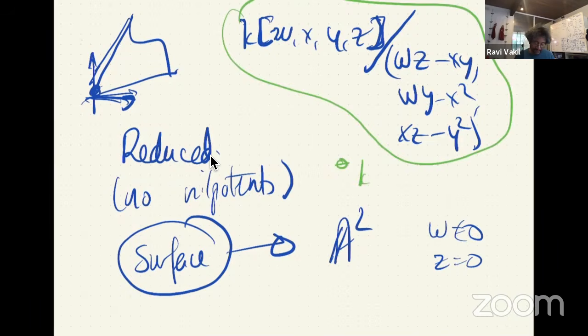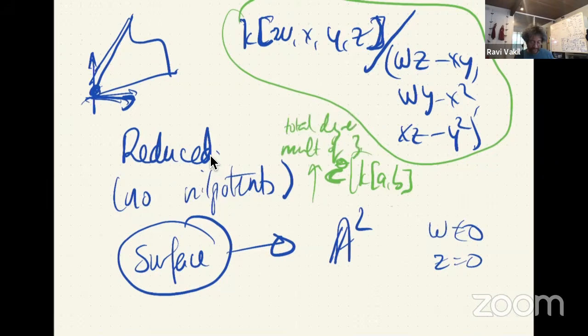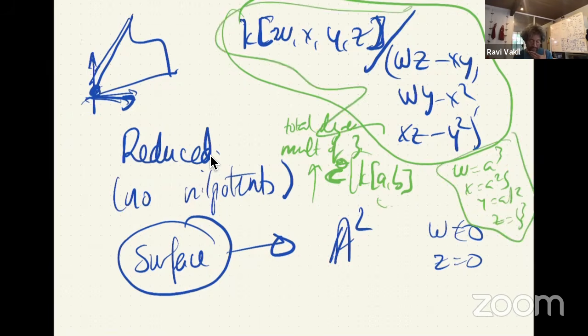I want to take the polynomial ring in two variables, K adjoin A, B, except I want the subring of polynomials that have total degree a multiple of 3. So in other words, there's no A, there's no B, but there's an A squared B. Then W will be A cubed, X will be A squared B, Y will be AB squared, and Z will be B cubed. And there's the geometric series present there too. So if you could show that this ring is the ring I'm describing now, then you win.